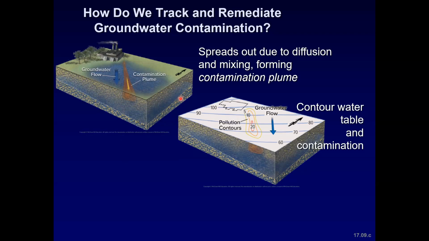What we can do then is figure out the extent of it. After we identify that there was a contamination incident, we need to know the extent of it. So look at a groundwater contour map, develop one if one does not exist. Look at groundwater flow direction and velocity, and then delineate the extent of the plume.